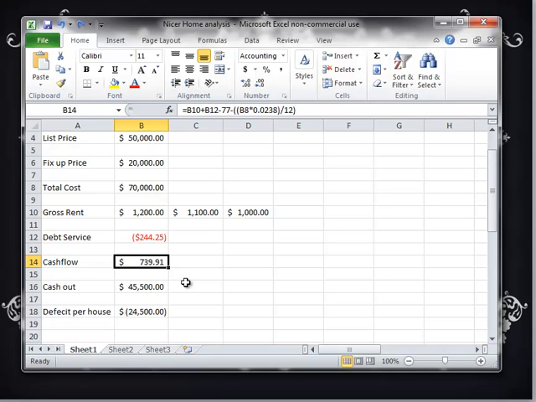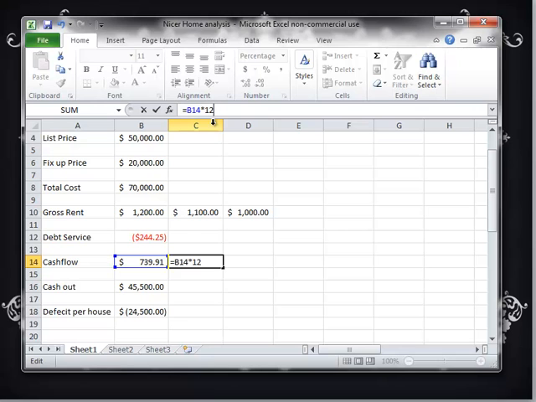All right, so now you're thinking, okay, how do I calculate my return on investment? If we want to do that, we just multiply the net profits by 12, and we're just going to assume 100% occupancy for the year to make it easy.